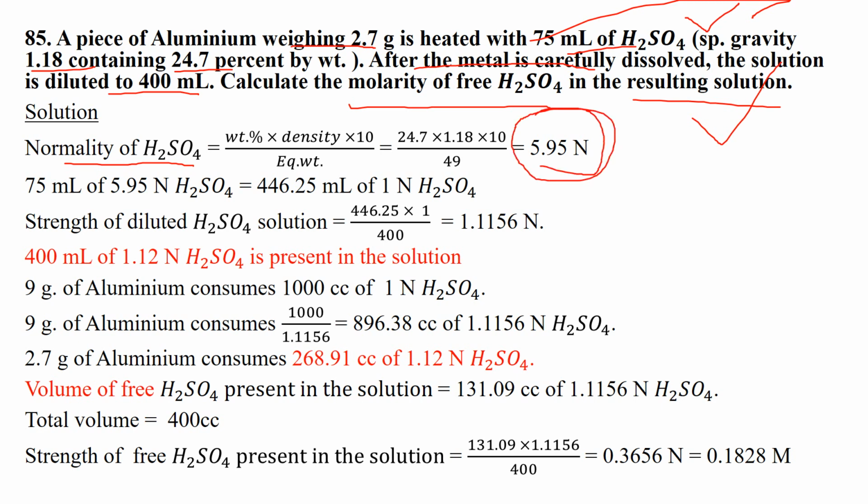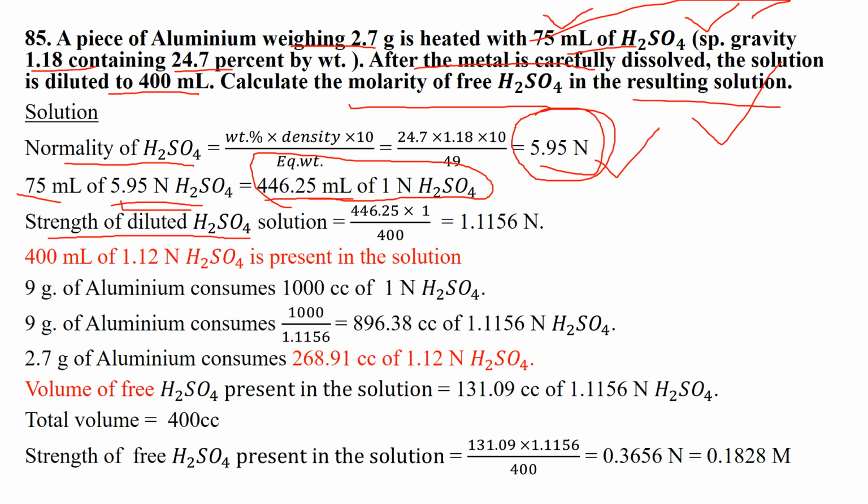Then 75 ml of 5.95 normal H2SO4 means 446.25 ml of 1N H2SO4. Here we have to calculate the strength of 75 ml of H2SO4, that is 5.95. Then 75 ml of 5.95 normal H2SO4 is equal to 446.25. Just multiply 75 into 5.95.